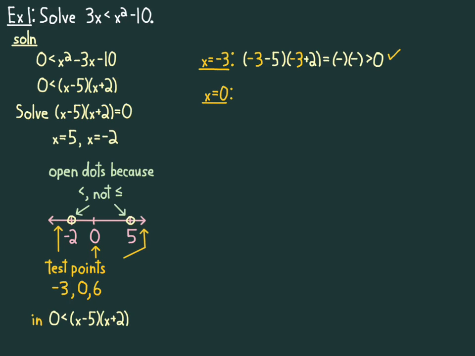Then I try 0, and usually you don't have to write this part out, the 0 minus 5 times 0 plus 2. You could just look at it and see it's a negative times a positive, and just write down negative times positive, and then less than 0. So I don't normally write in this one step here. You can, of course.